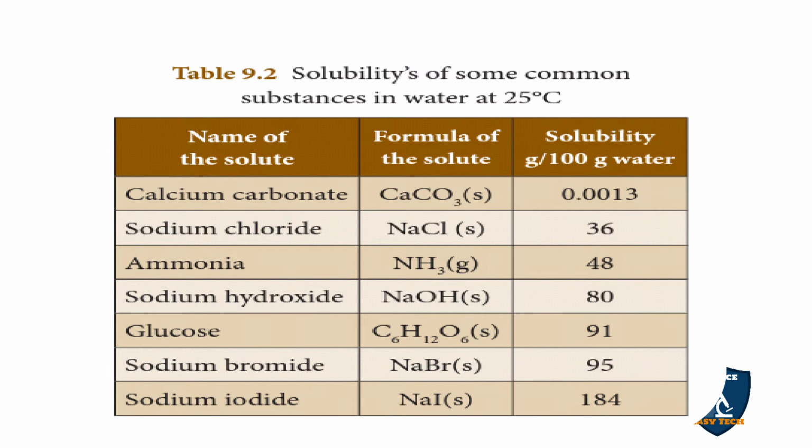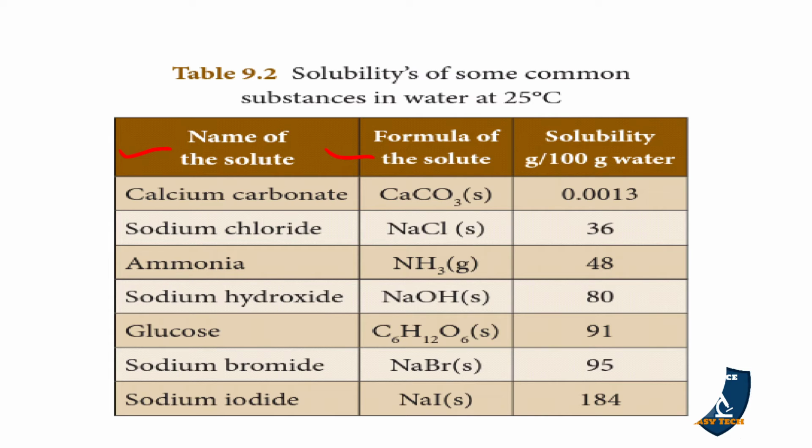So, solubility of some common substances in water at 25 degrees Celsius. The first column is the name and formula of the solute, and then solubility in grams per 100 grams of water.